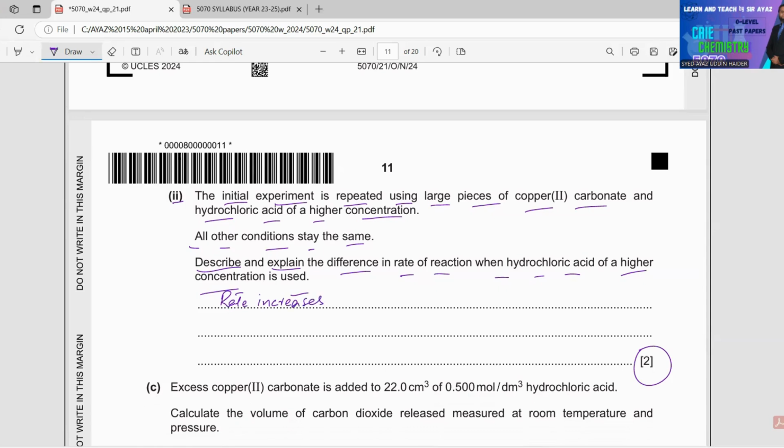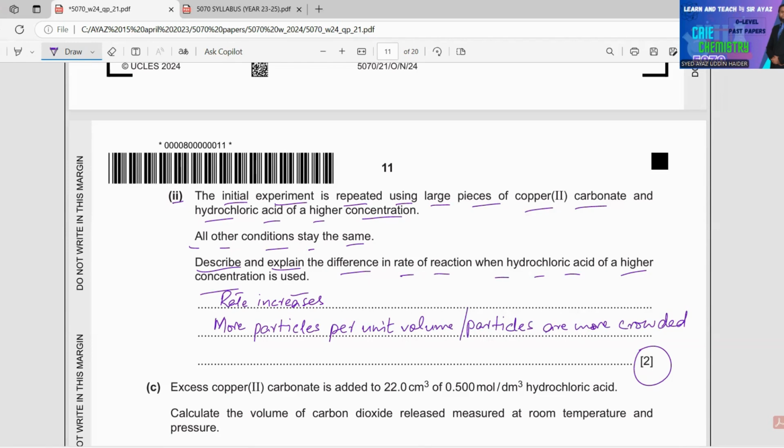Now for the 2 marks, you have to mention there will be more particles per unit volume. You can even write particles are more crowded. This will give you 1 mark. For the next mark, you have to write more collisions.